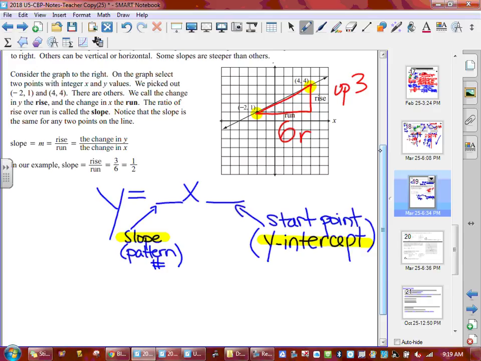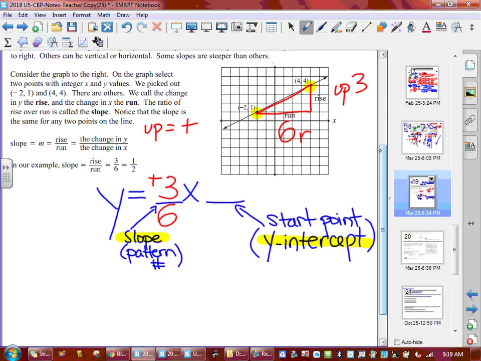And in the slope, this is the y number on top. That's why they say change in y. What was the change in the y number? Well, he went up 3. If it's up, that means it's positive. So I'll put a 3 here. How many did he go to the right? 6. Nice.